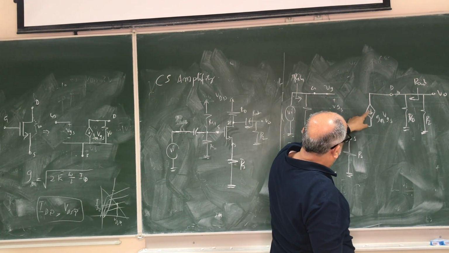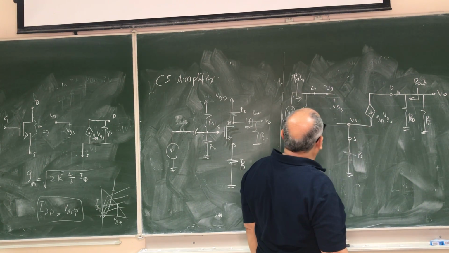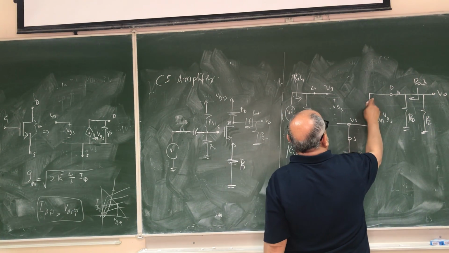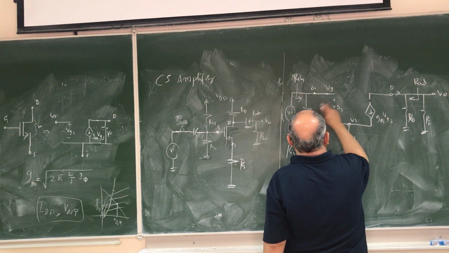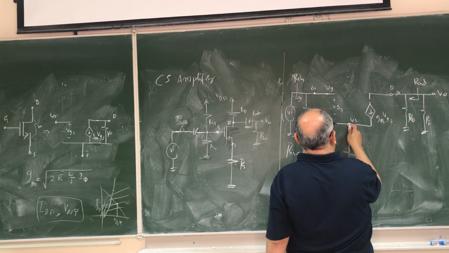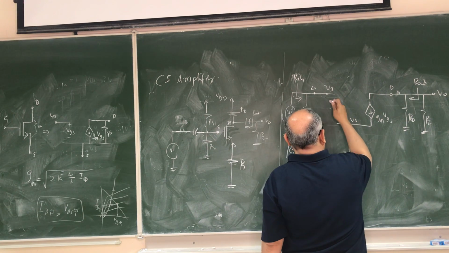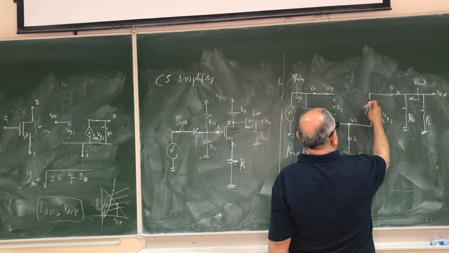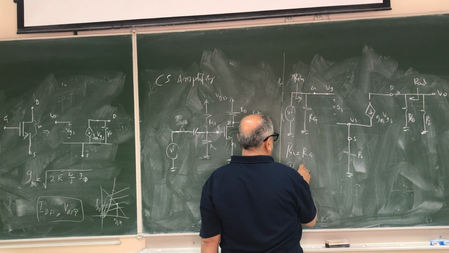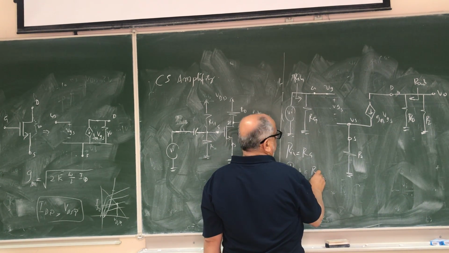Minus VS is GM VGS here. So again, we can approximate it as if this node is 0, this volt here will not be activated anymore, so we don't have any supply for this. This will be open circuit, and we have Rout equal to RD.